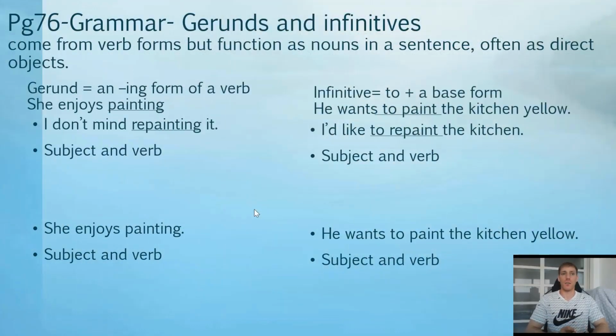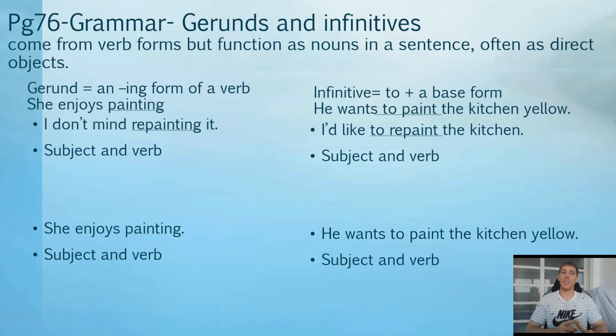Page 76 grammar was all about the gerunds and infinitives. So it comes from the verb form of something, but it functions as the noun in the sentence, as the direct object of the sentence usually, but it can sometimes be the subject. So there's two kinds, the gerund, which is the verb with ing on the end, but making it the noun.